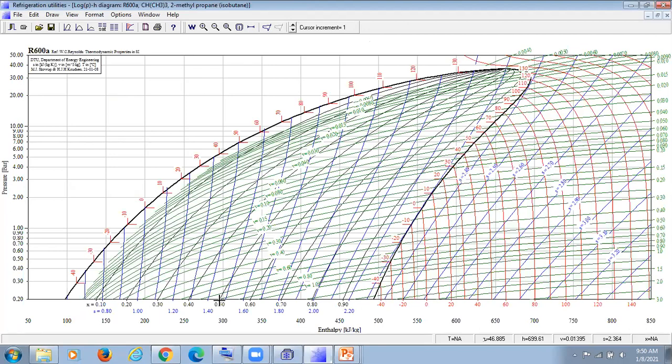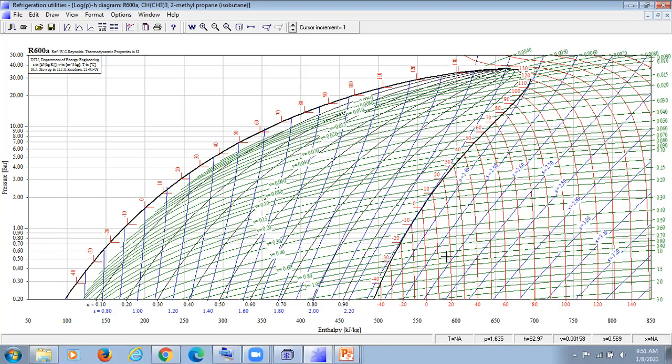So see, slowly the width of this is narrowing, and finally it's done here. It's the completion, the critical point. From the critical point towards the right, this represents the vapor or gas portion, and from the critical point towards the left is the liquid representation.